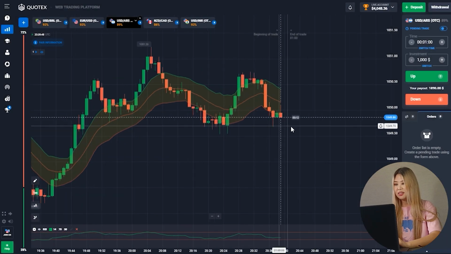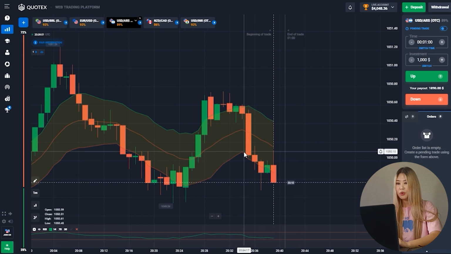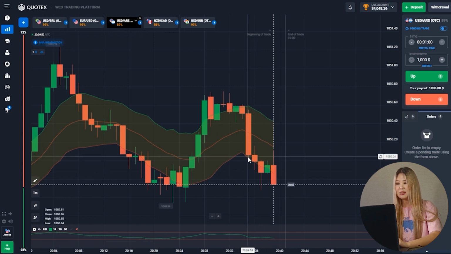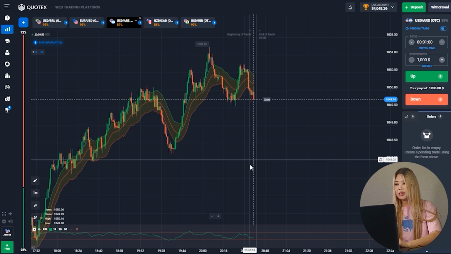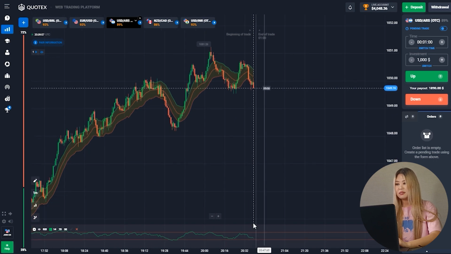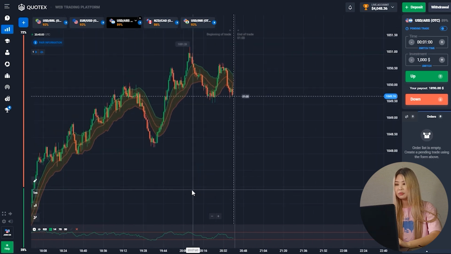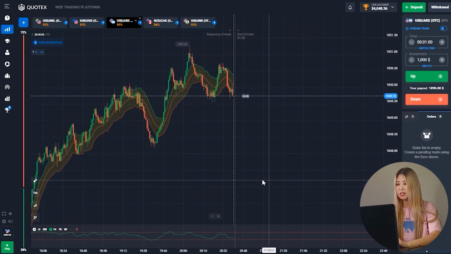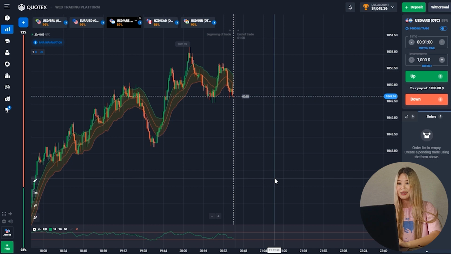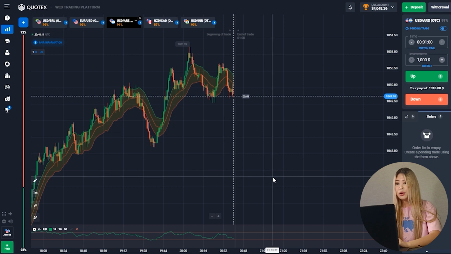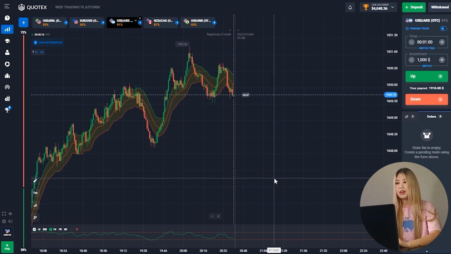Please note this level was then broken, and now the price is back to this level again. We can also notice the price has now reached the lowest line of the Keltner channel. That's why my trade was here, and by the indicator we can also notice that the price is near the 30 mark. Well, guys, I think we made a really good amount of money from just $10.